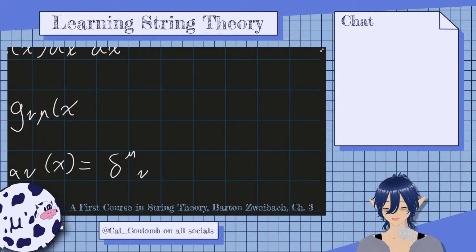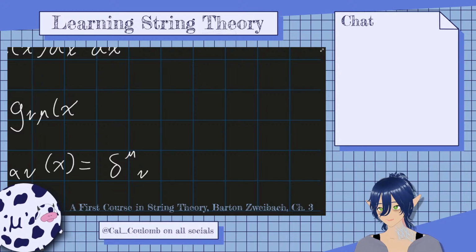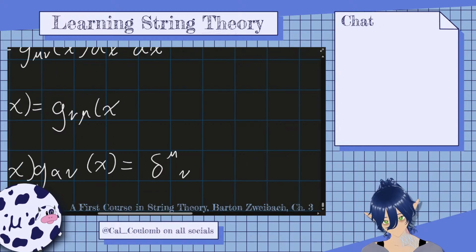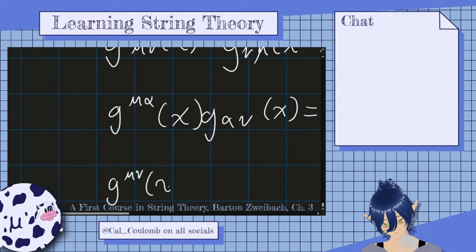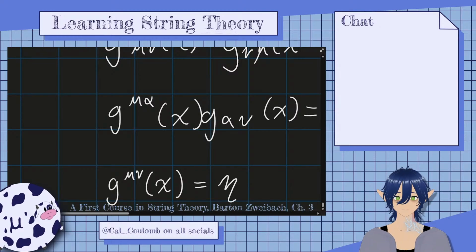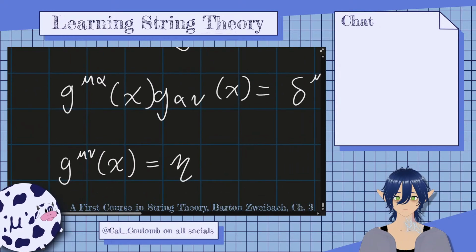For many physical phenomena, gravity is very weak, and the metric g mu nu can be chosen to be very close to the Minkowski metric eta mu nu. We then write g mu nu of x is equal to eta mu nu plus h mu nu of x. I should have lower indices here, so we're talking about the metric, not the inverse metric.